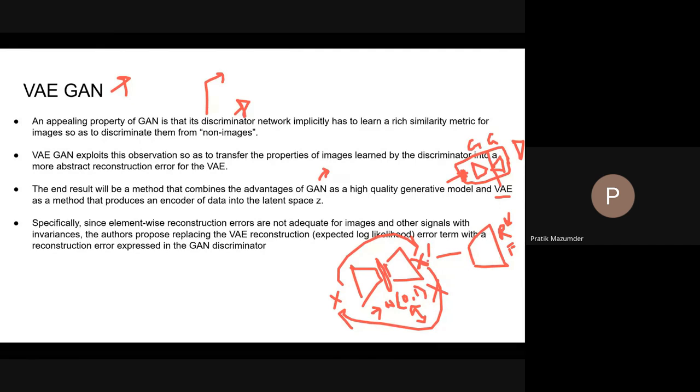So instead of looking at a reconstruction, you're looking at whether it's a realistic image or not. Also, what this ensures is that VAEs had a tendency to not have too much diversity in their output, because VAEs are always being trained for reconstruction.